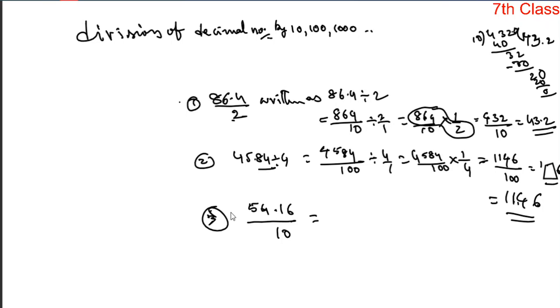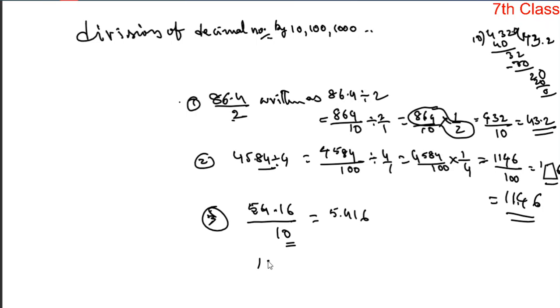Just shift the decimal point towards the left. How many zeros are there? 1 zero is there. So if you shift the decimal point towards the left 1 digit, we will get 5.416. So here we are shifting the decimal point in the coefficient place to the left, as many places as there are zeros over 1. Here over 1, how many zeros are there? 1 zero is there. So you shift one place towards the left.